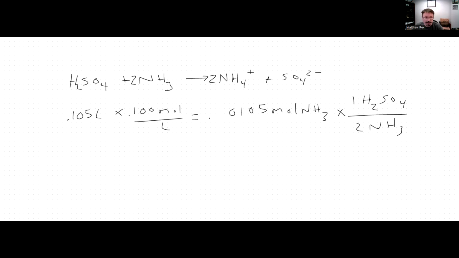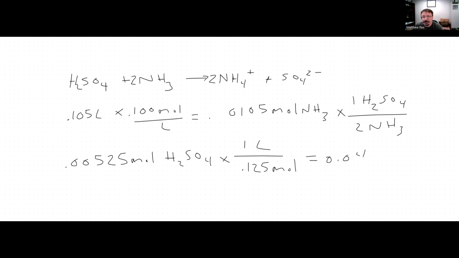So we need 0.00525 moles of H2SO4. And if we divide by the molarity, we get 0.042 liters or 42 milliliters.